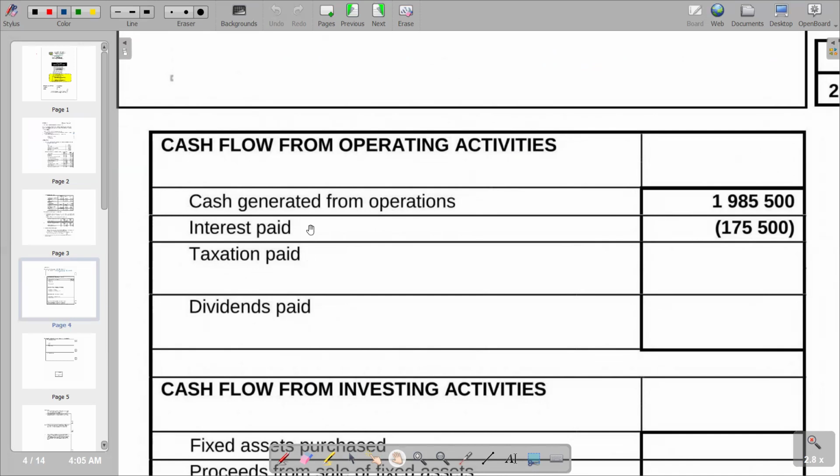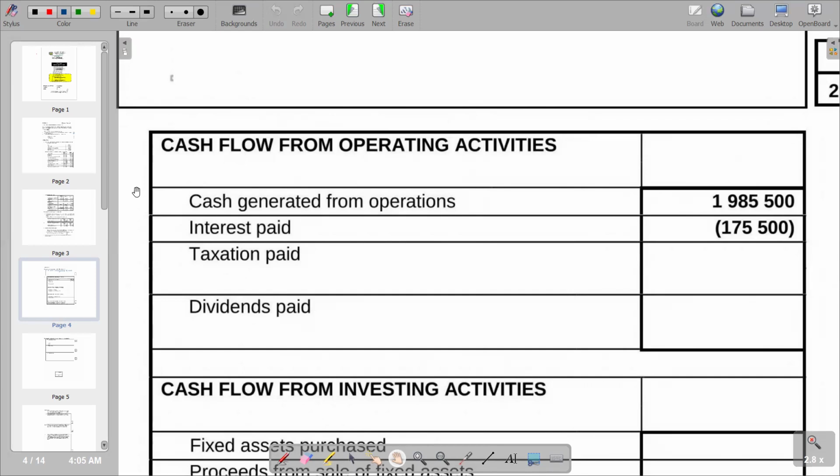So we are going to start by calculating the figure for taxation paid. We are going to use the information given in the question.